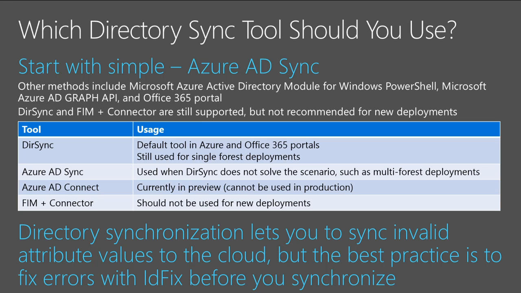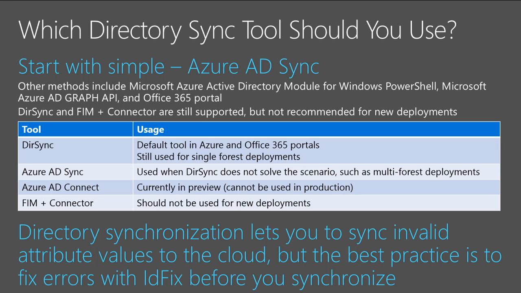If you still happen to be using those in your organization, they are still supported, but ideally you'll want to move to the newer technology. But there's no need to jump to Azure AD Sync right now and then go to AD Connect. You might as well wait till Azure AD Connect is released, and then you could go from the FIM plus connector right to Azure AD Connect.